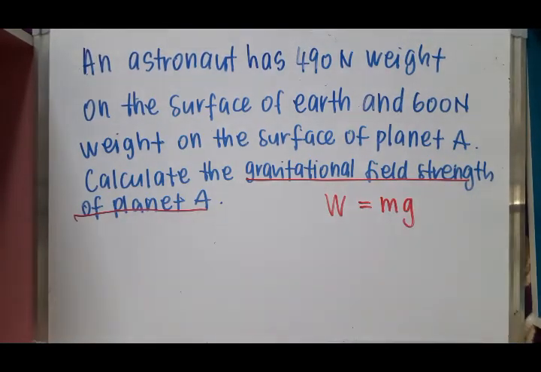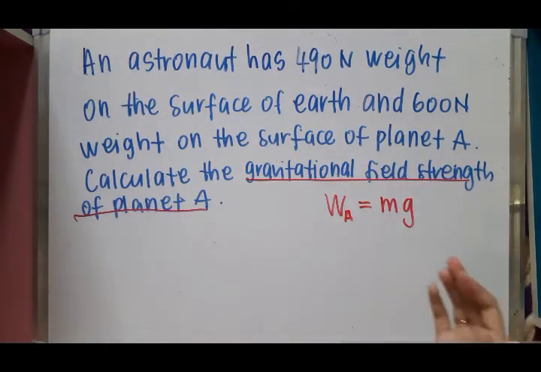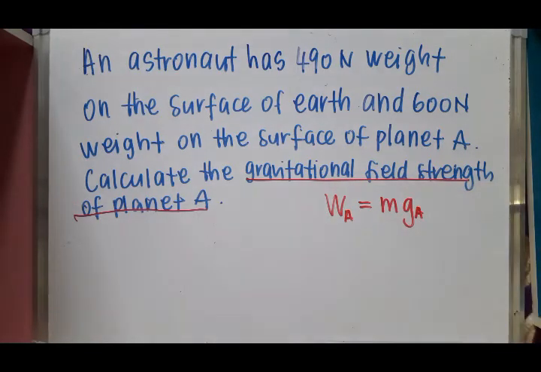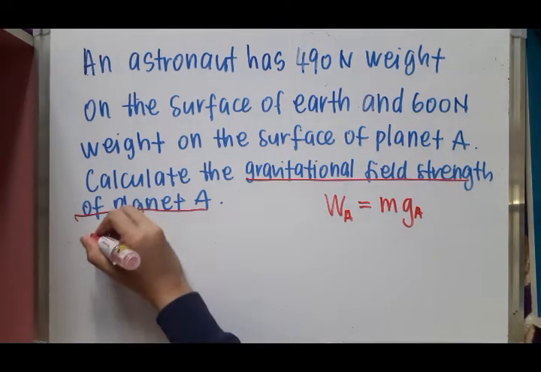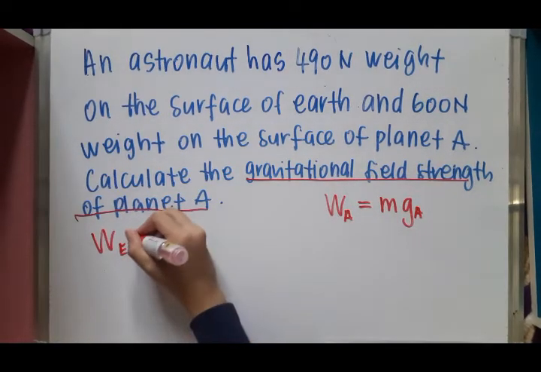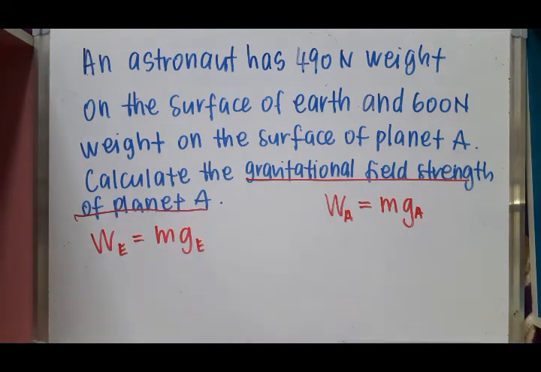Okay, so we label WA for the weight of object on planet A and GA for G value on planet A, and WE for the weight of object on Earth, and GE for gravitational field strength value on Earth. So the mass is the same, right?